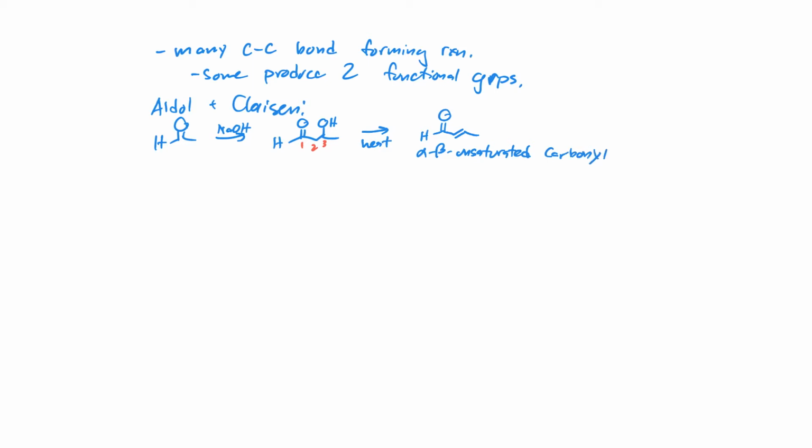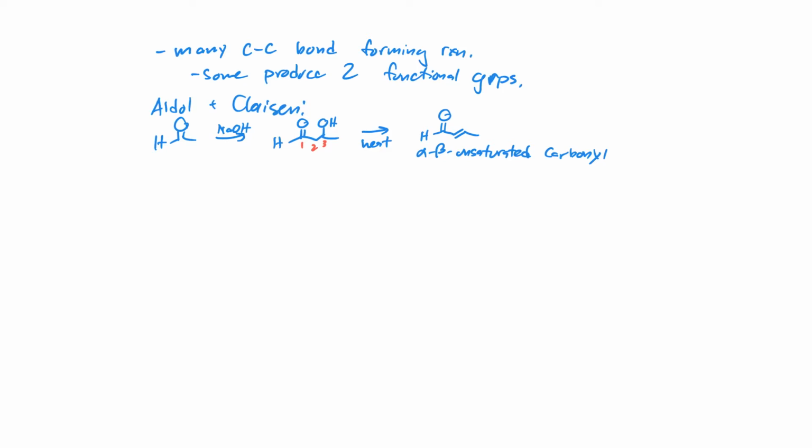So if you ever see anything that is an alpha beta unsaturated carbonyl, or could have been at some point, that could have come from an aldol condensation. I would like to point out that this is a good Diels-Alder dienophile now that we can use in subsequent syntheses. We can also use it for conjugate addition.